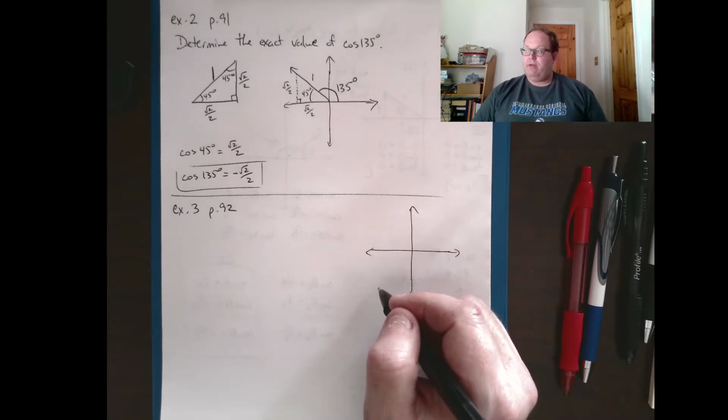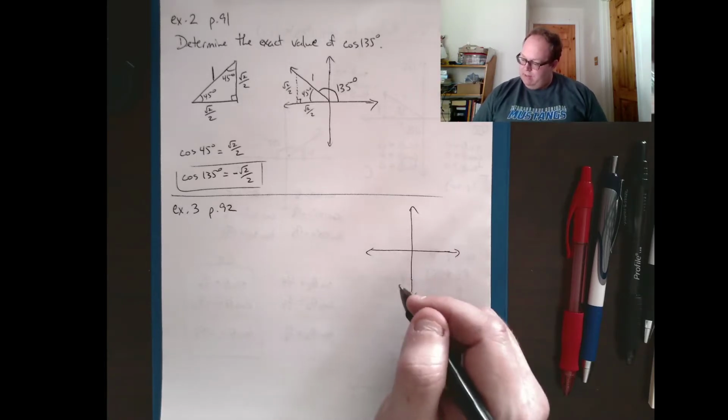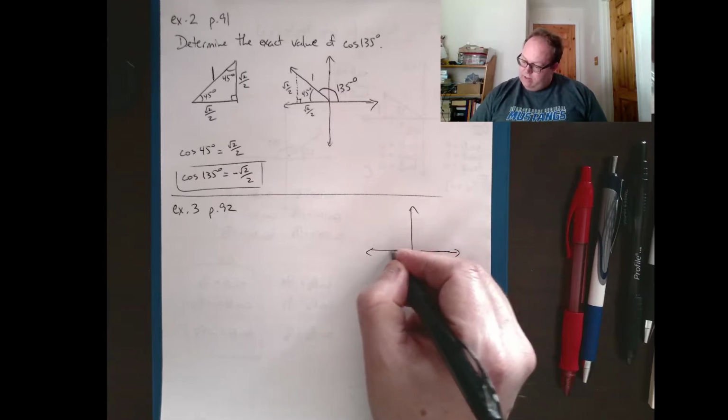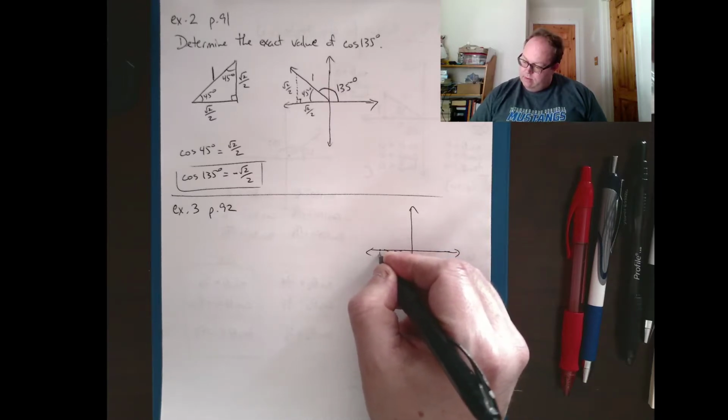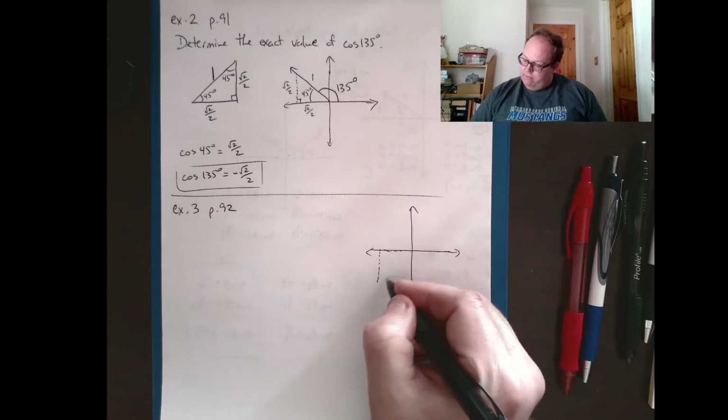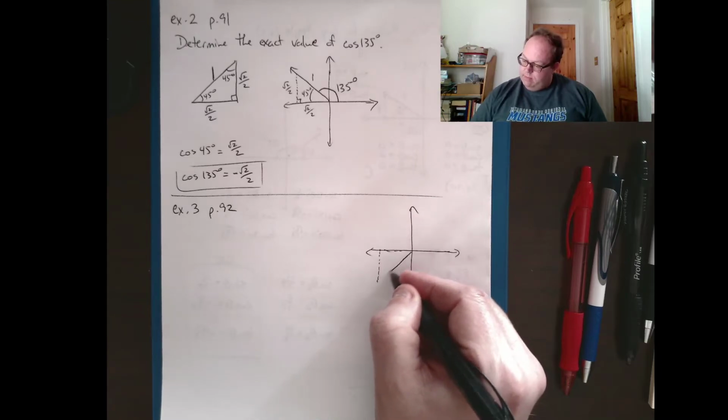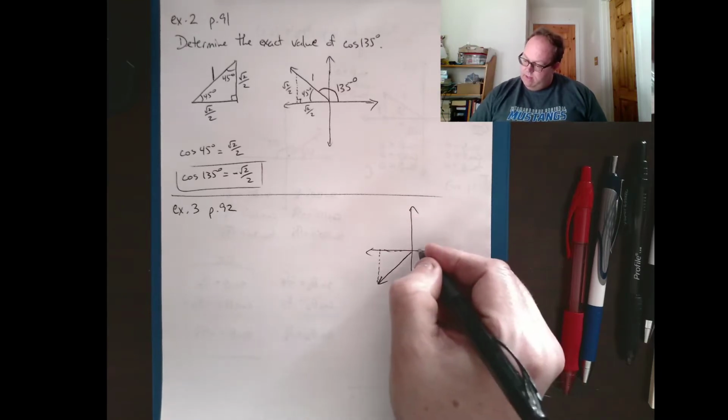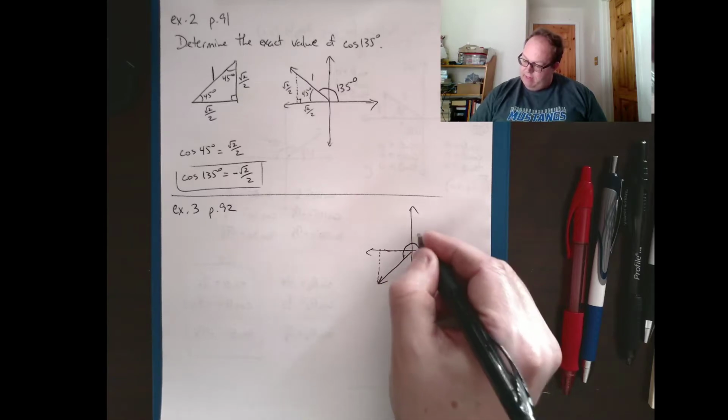And remember, cosine we could think about as the adjacent and the hypotenuse. So if I draw a right triangle down here, the way this is the entirety of the angle that we're talking about, angle theta.